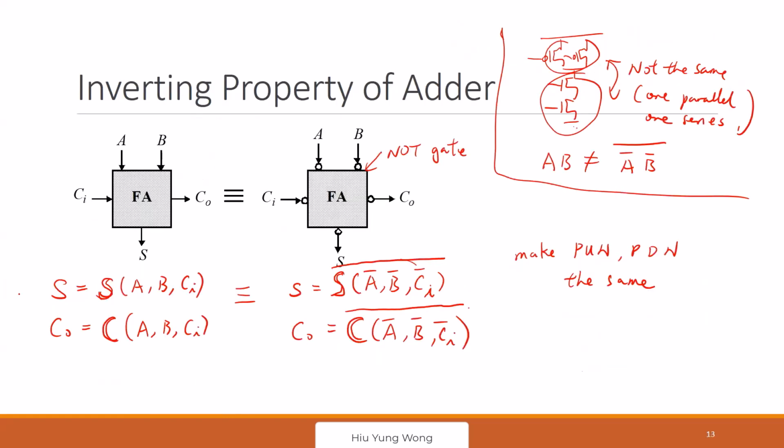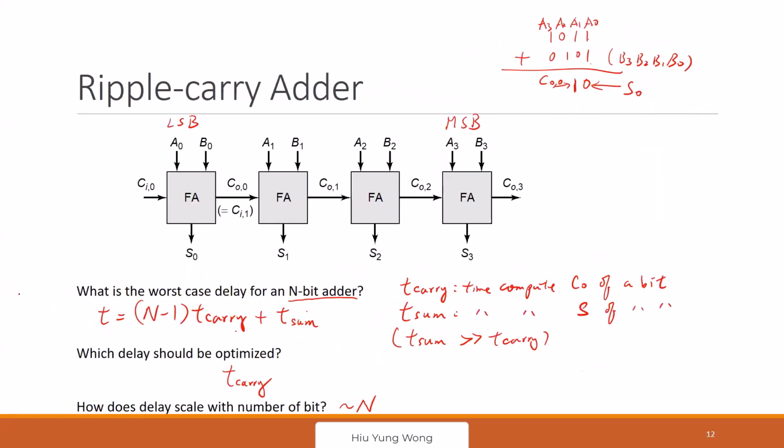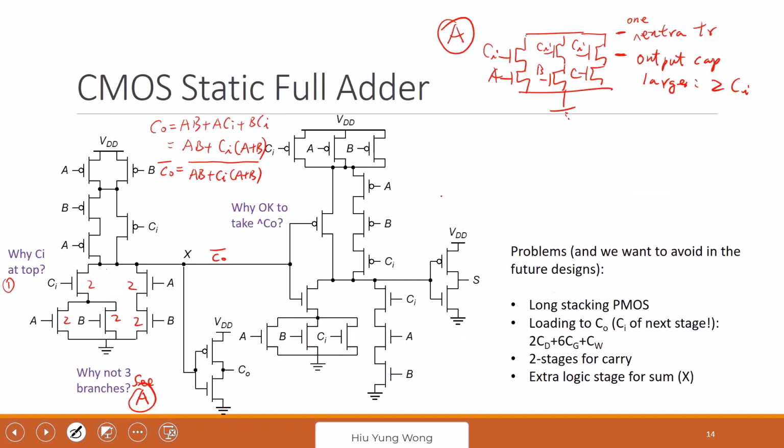So now this is something you need to remember when I talk about inverters and adders. The first thing is that I hate CI. CI is the thing that always slows me down. I need to improve it. You see that CI is the critical part. It always takes the longest. I really rely on CI because AB arrive very fast. For this bit, AB have arrived already. I'm still waiting for the CI from 120 bits away to propagate to here. So because CI is the critical signal, we want to put it closer to the output.